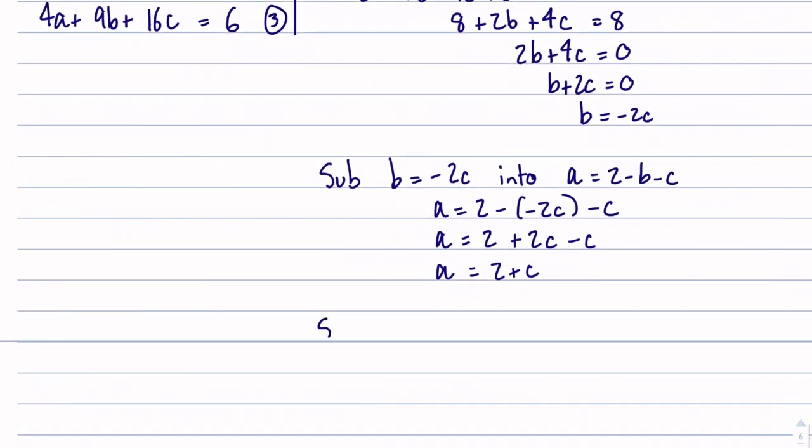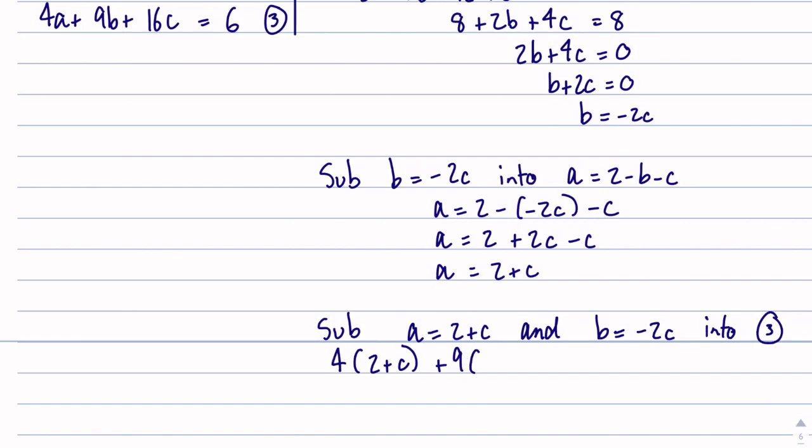Now I'm going to sub this one, 2 plus c, and b equals minus 2c into equation 3. So we've got 4 times 2 plus c, plus 9 times negative 2c, plus 16c equals 6.